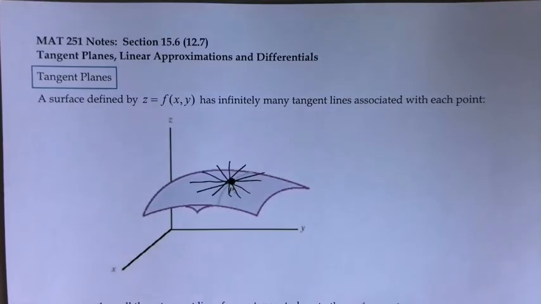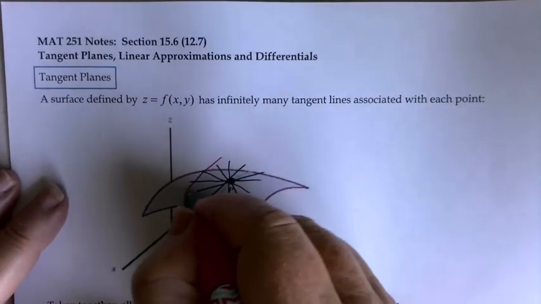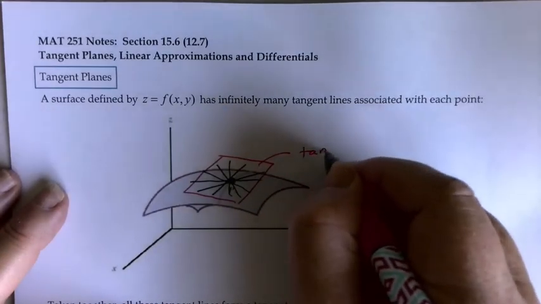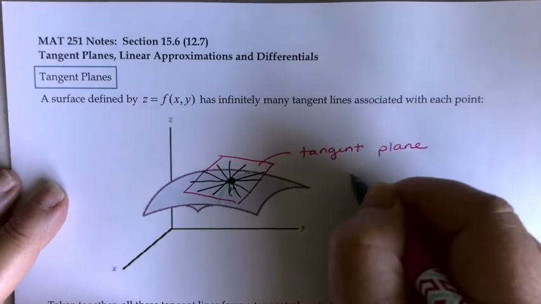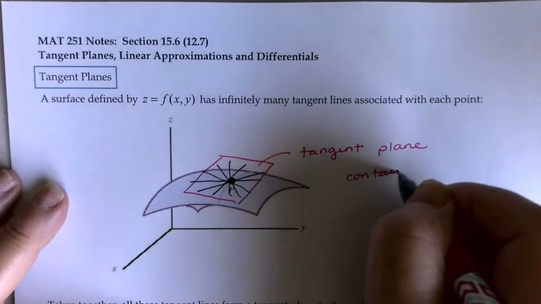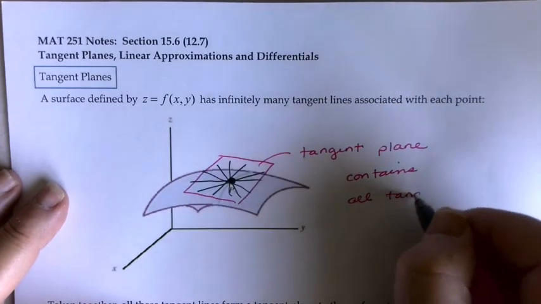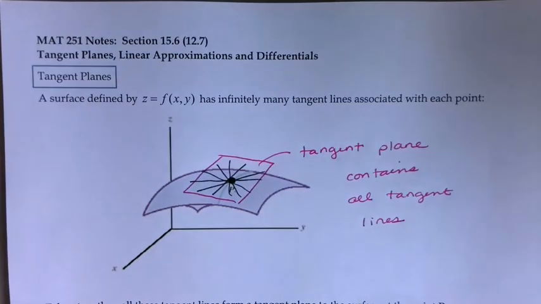However, all of those lines lie in a single plane that is the tangent plane. And our goal right now is to find a way to find the equation of that tangent plane.